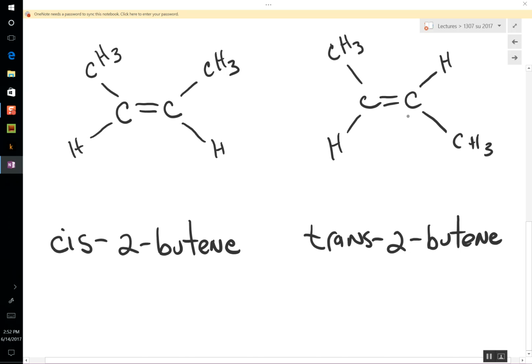Trans meaning they're across from each other, these 2 methyl groups here, or these 2 hydrogens, whichever one you want to think of. You make a call from New York to London, it's a transatlantic call.